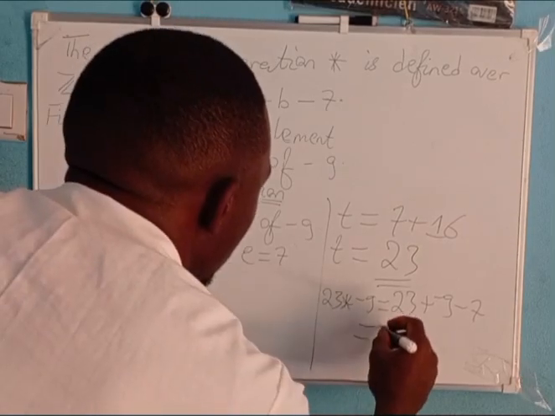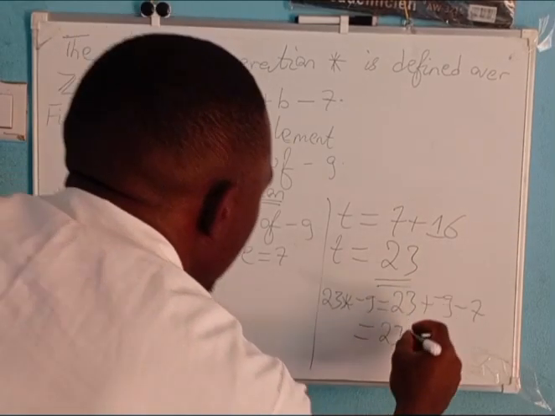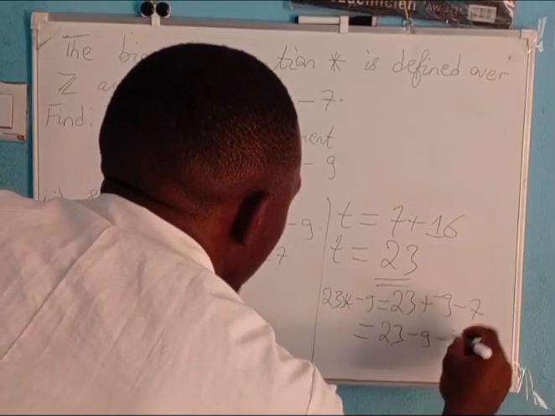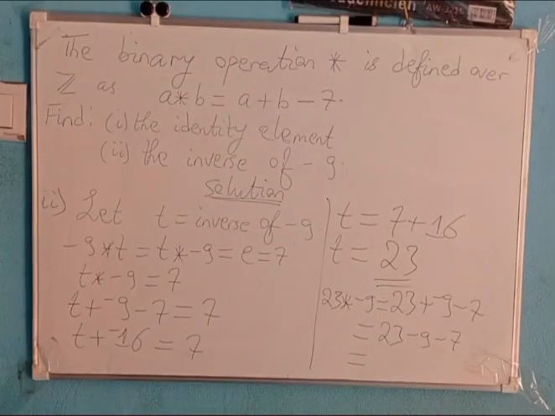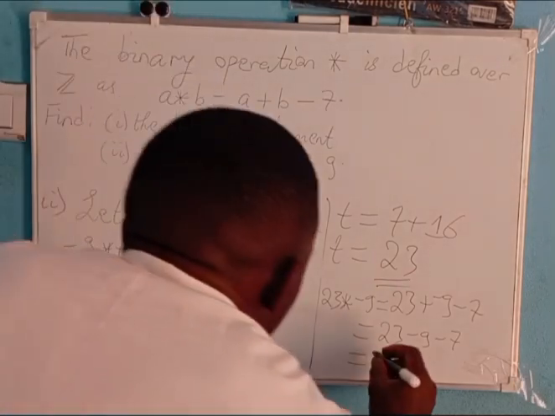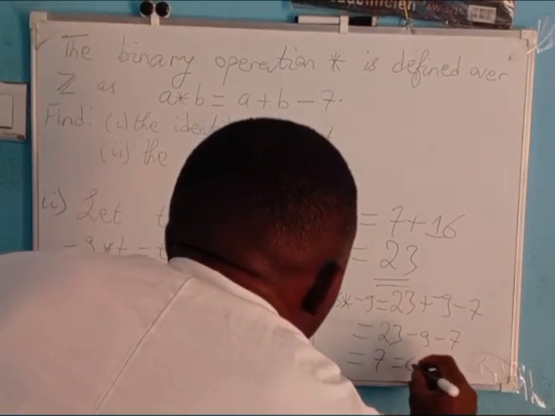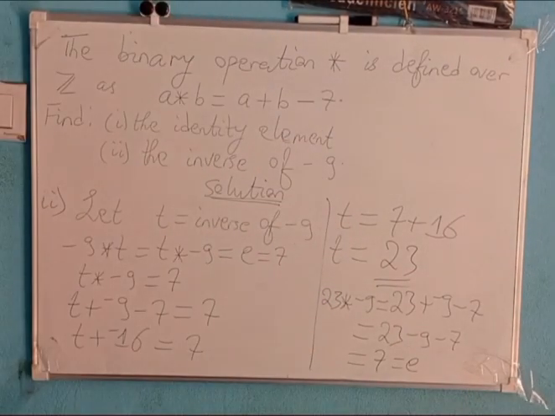This will simply be equal to 23, positive times negative, negative stays, minus 7, which is simply equal to 23 minus 9 gives us 14. 14 minus 7 gives us 7, which is our identity element E. This proves that 23 is the inverse of negative 9. We are done with the solution.